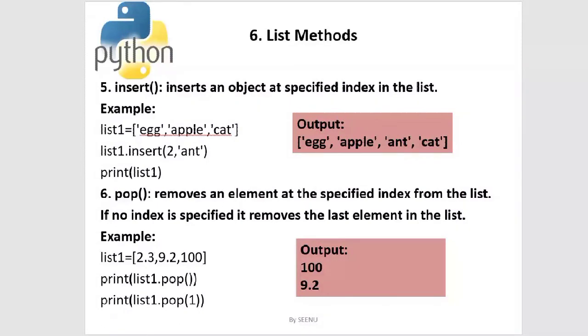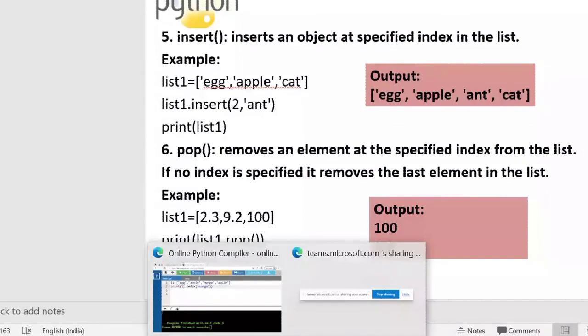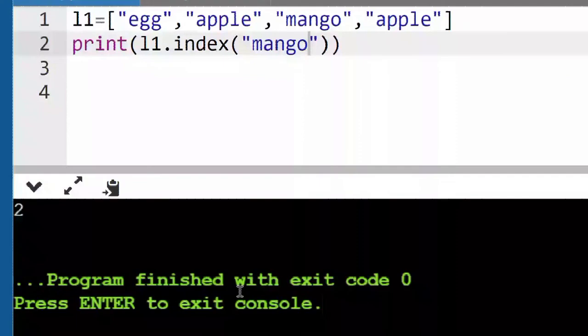So what difference did you observe between append and insert? Append adds to the end of the list. Very good, that's absolutely right. Append is simply adding your element to the end of the list. But the specialty of insert is that it inserts the value into the specified location, and it also asks for the index value of the location.